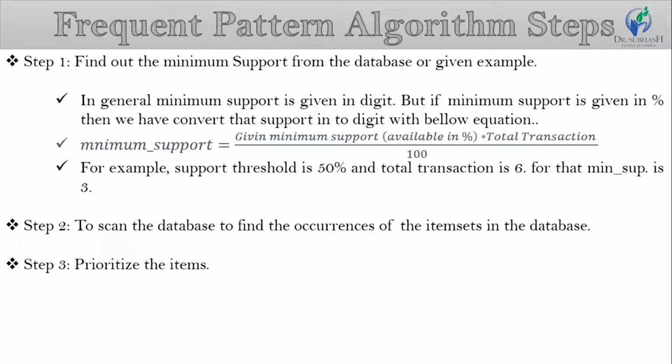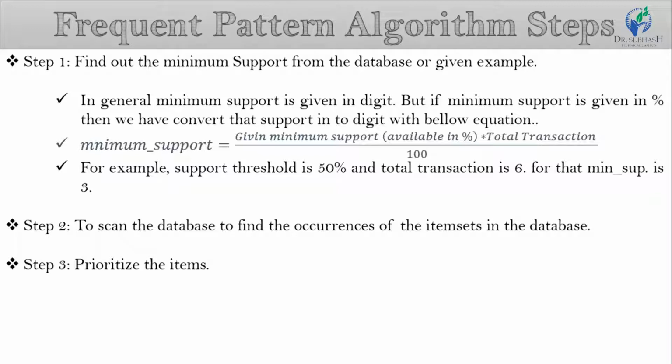At the same time, you have the opportunity to drop the items which do not fulfill the minimum support requirement. Dropping the items is based on the user. It is not compulsory to drop items in this step. You can drop them later.